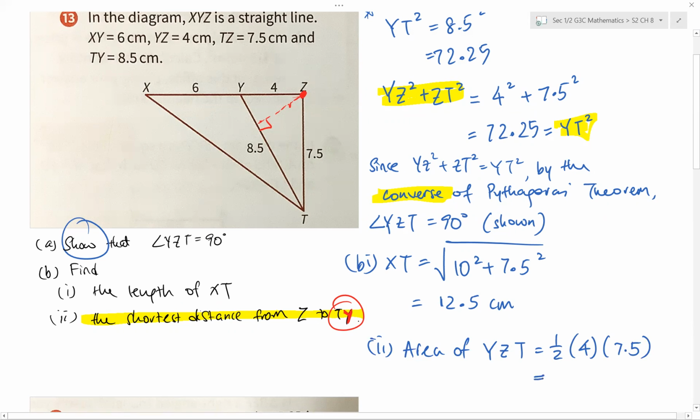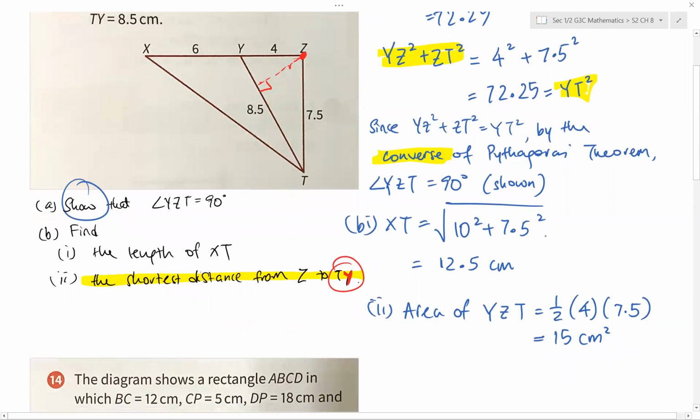So this gives us 15 square centimeters. But now we're going to equate this same area with the same triangle, but the base as 8.5.